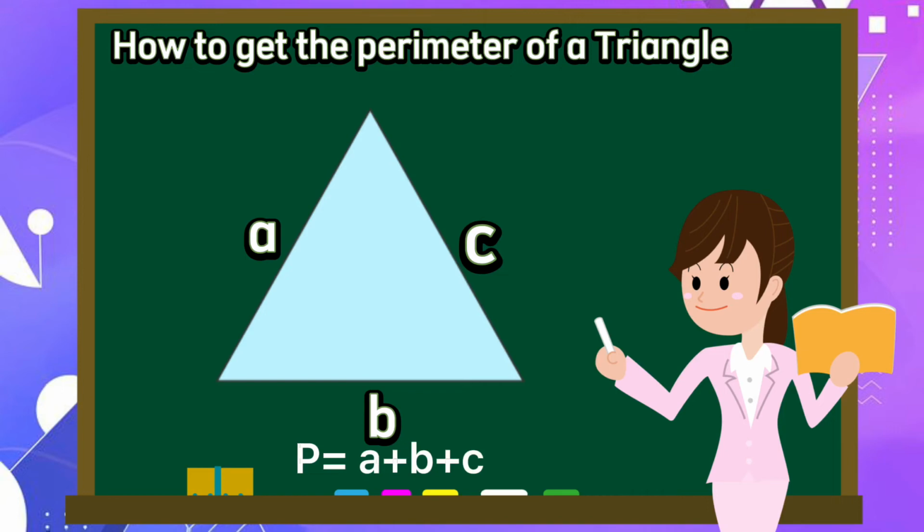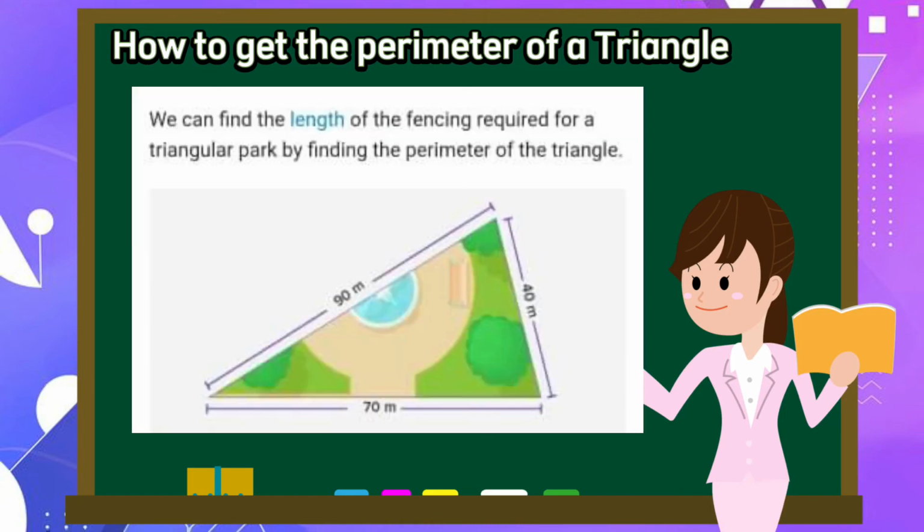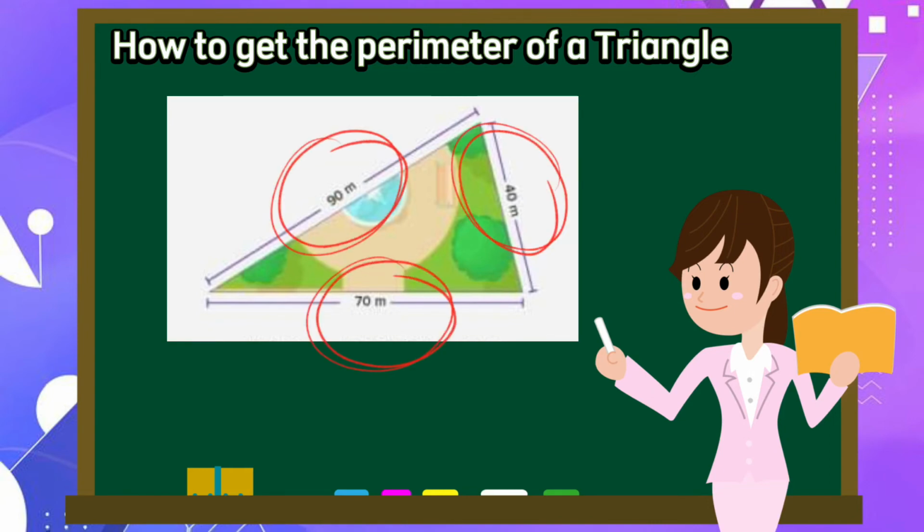For example, in the picture, we can find the length of the fencing required for a triangular park by finding the perimeter of the triangle. We have the measures 90 meters, 40 meters, and 70 meters. In order to find its perimeter, we need to sum them up.